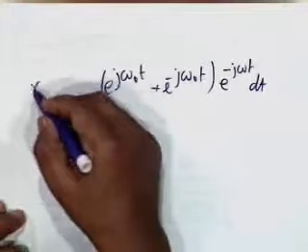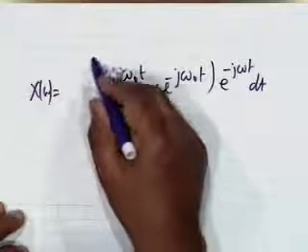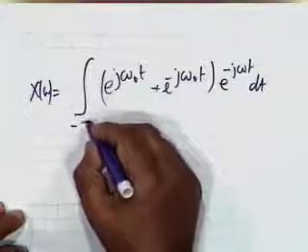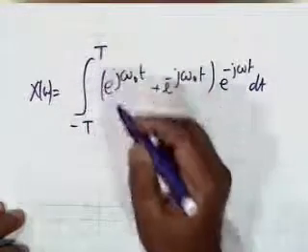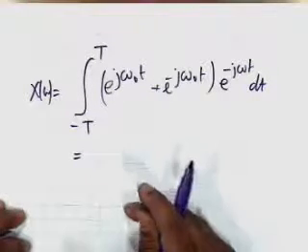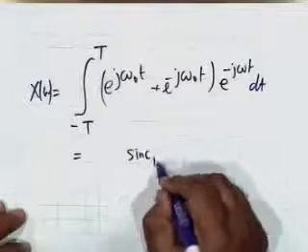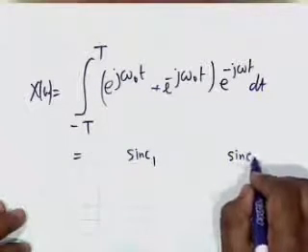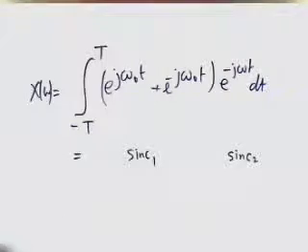This is the Fourier transform, capital X of omega, and the integral shall last from minus capital T to plus capital T, and you shall get the sum of two sinc functions, sinc 1 and sinc 2.